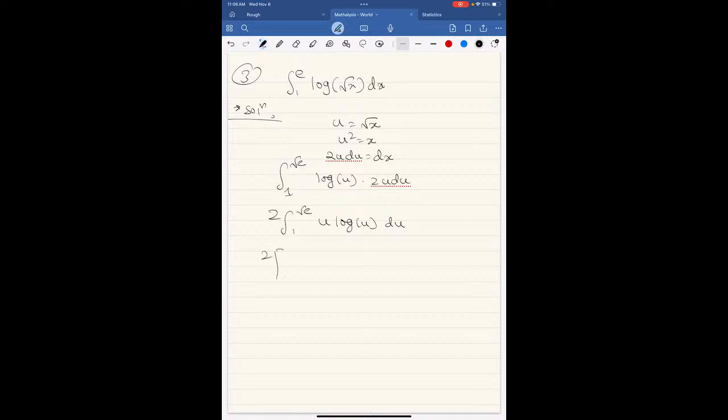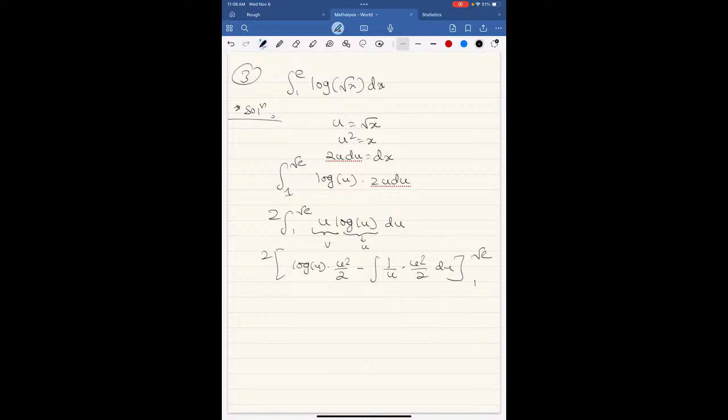Now, since this is u log u, I can make this as the u and this as our v. So log u will be log u. The integral of u will be u square by 2 minus the integral of the derivative of log u, which is 1 by u, and the integral of u is u square by 2.